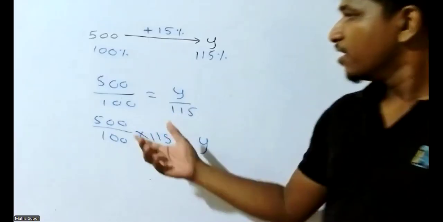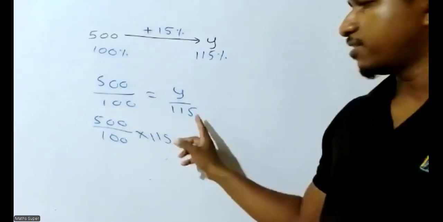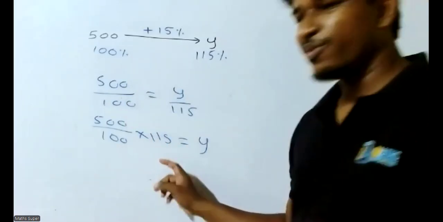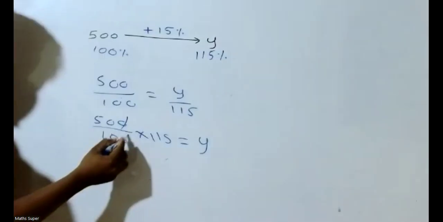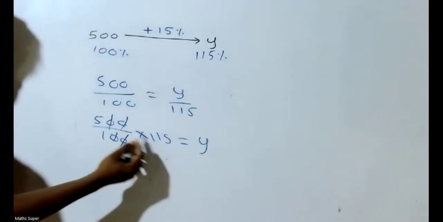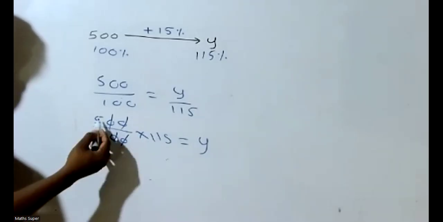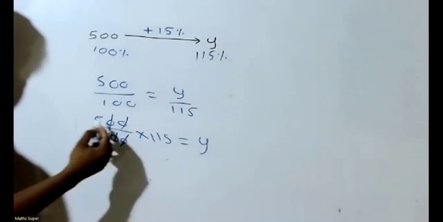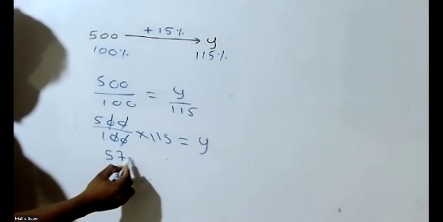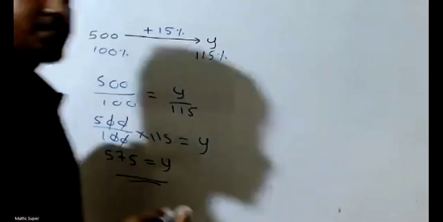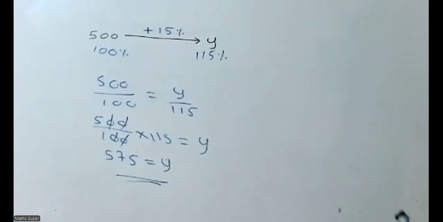Why do we take this 115 from here to here? We can't cancel these two. Easily we can write this: 115 multiplied by 5. What is the answer? 100 into 5 means 500. 15 into 5, 75. 575 is the selling price with the 15% profit.